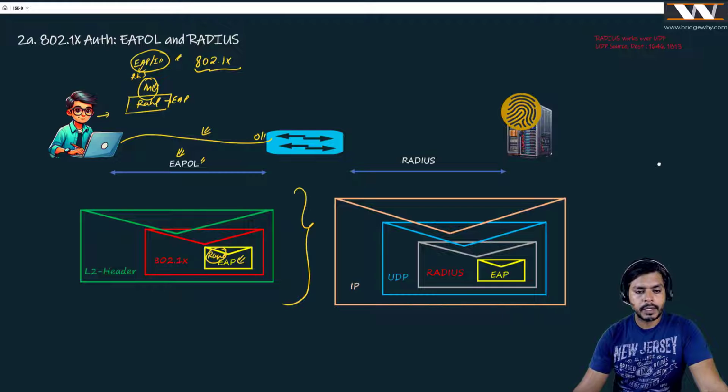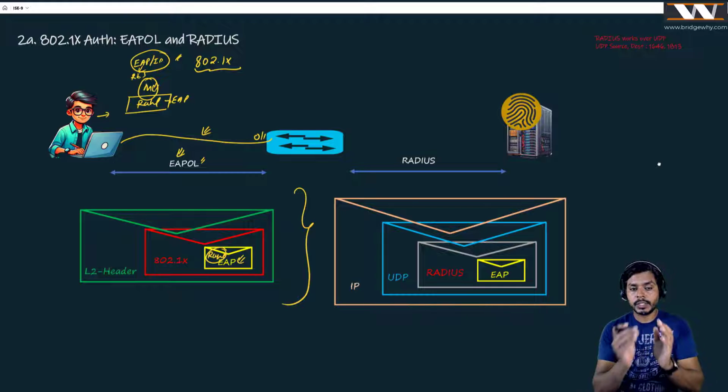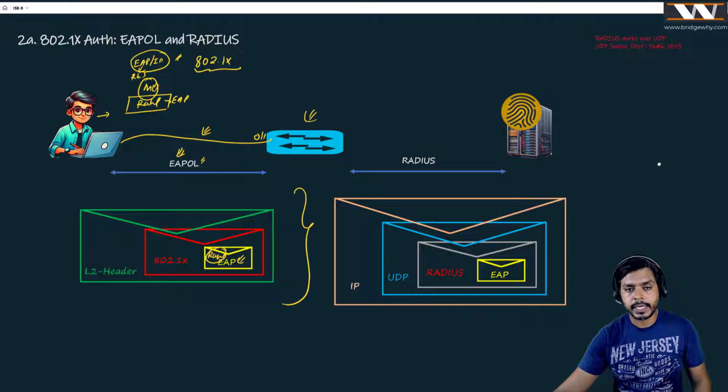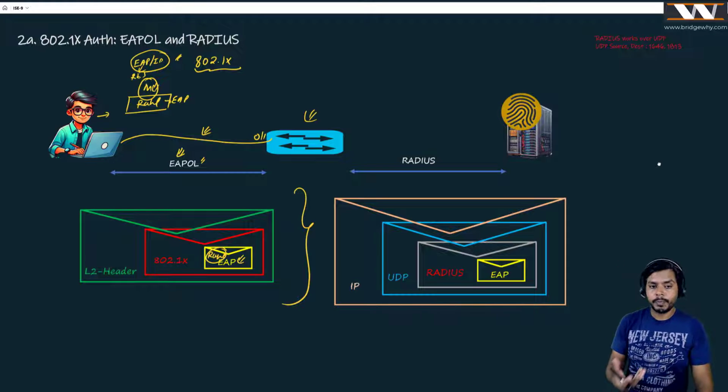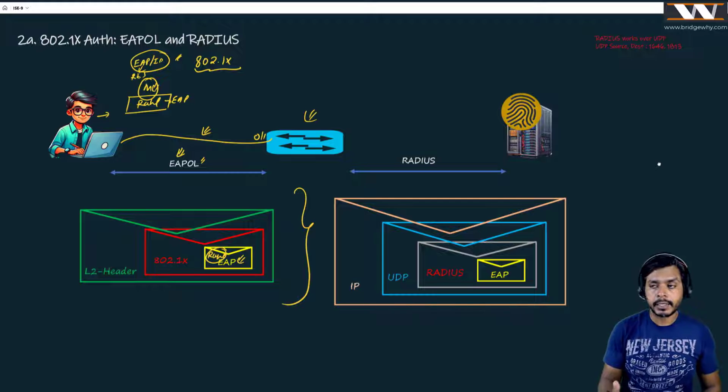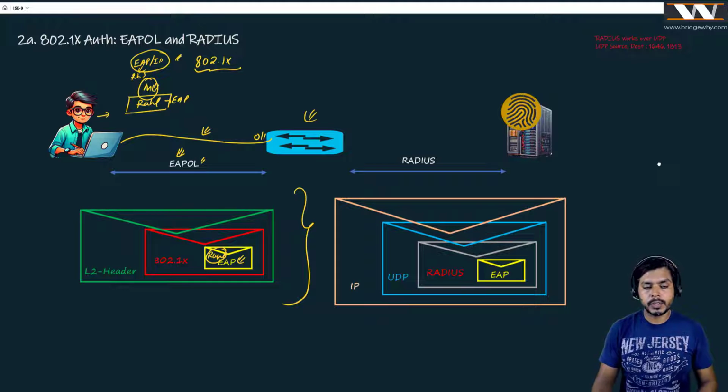Interesting, right? But at the end of the day, I want to forward this message to this switch so that it can open it and understand what is written inside the EAP message. The sole purpose of this EAPOL is to send this message from the client towards the switch. As simple as that, right?